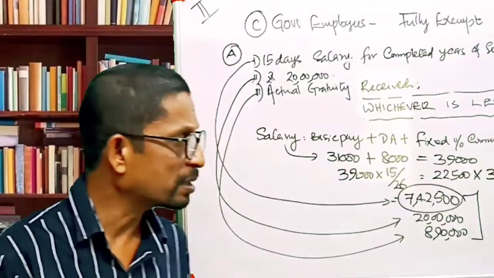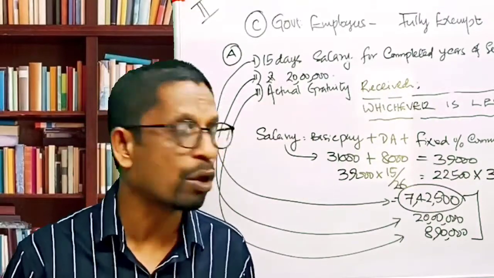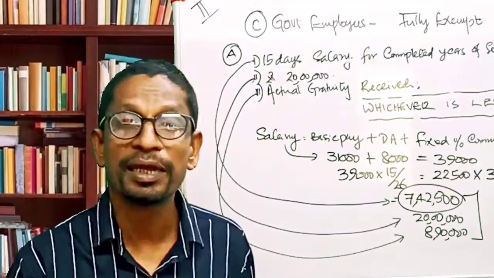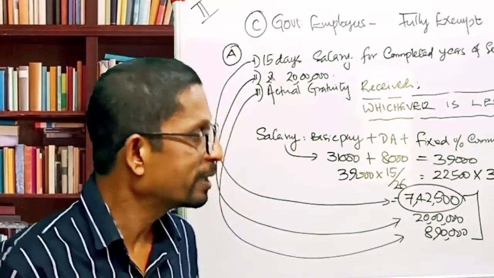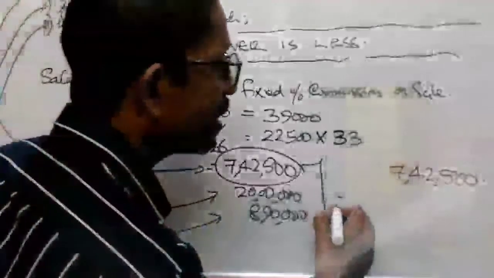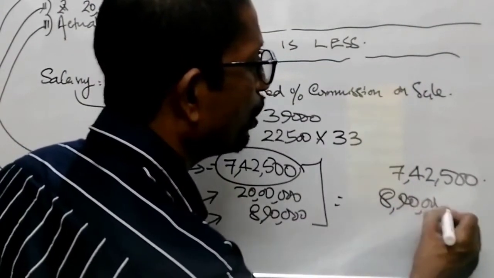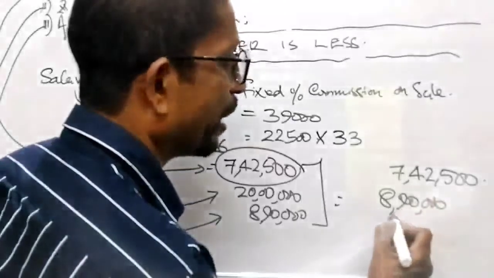Okay, that means up to 7,42,500, Mr. John has no obligation to pay tax. Above this limit, he is liable to pay tax on the gratuity. So, taxable amount, how much now? He received 8,90,000. The exempted figure we computed is 7,42,500.